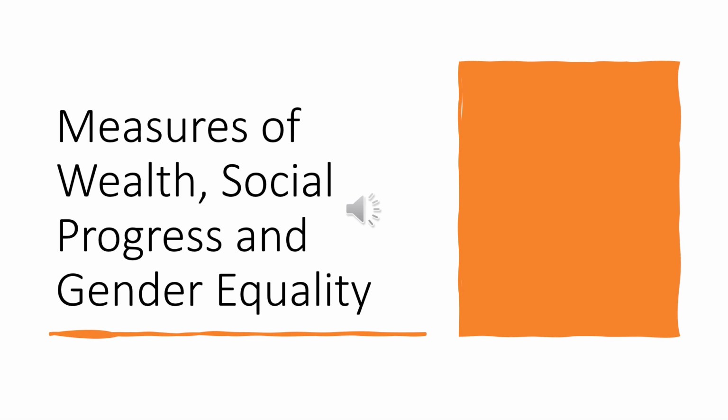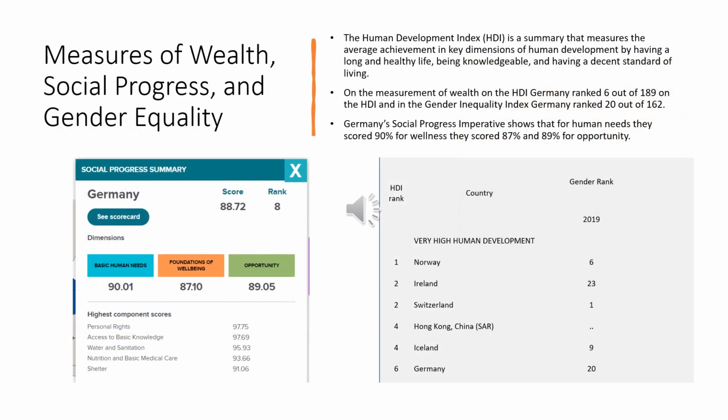All right, let's talk about measures of wealth, social progress, and gender equality. The Human Development Index, the HDI, is a summary that measures the average achievement in key dimensions of human development: having a long and healthy life, being knowledgeable, and having a decent standard of living.